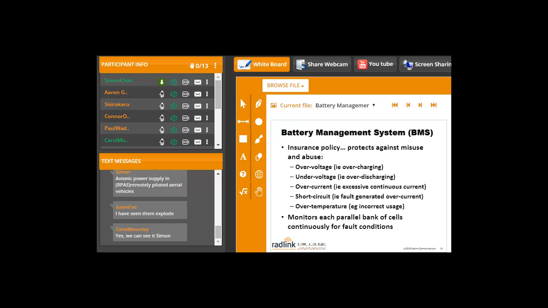And of course, there's the over temperature set to 65 degrees C. So 65 degrees C is way above ambient in most cases, and that can only happen due to incorrect usage. Maybe the batteries have been placed too close to a heat source or some other thing. The BMS monitors each parallel bank of cells continuously for fault conditions. So that's your insurance policy.